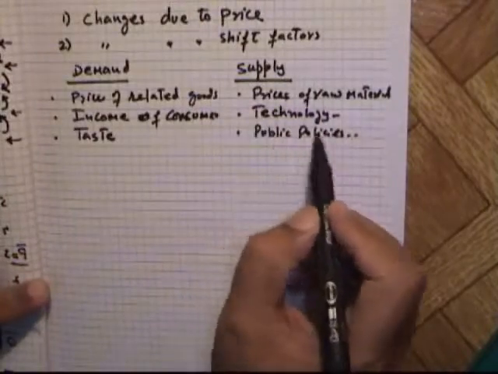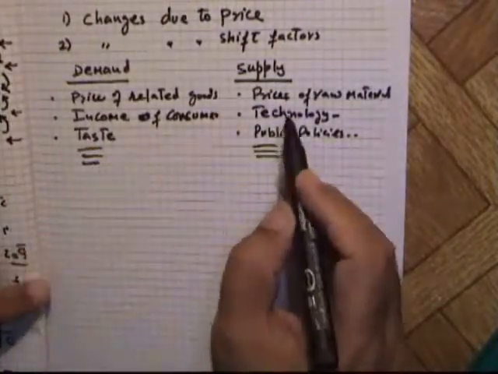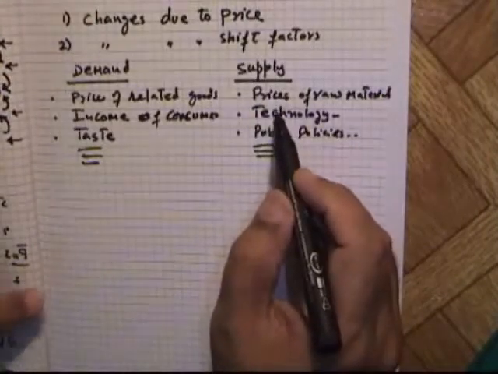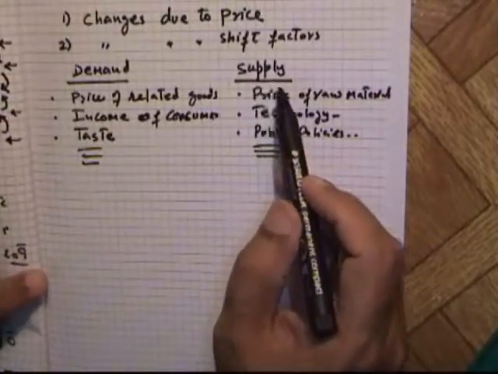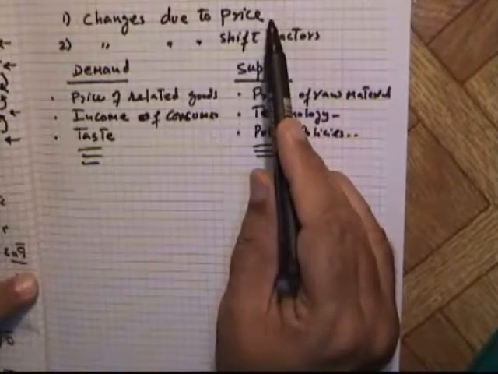Actually, these are the factors. We can list more points here. These are the factors which can affect supply and demand other than the prices.